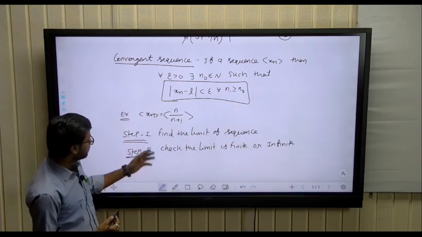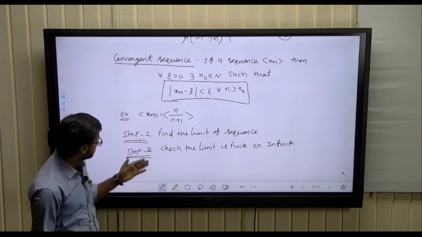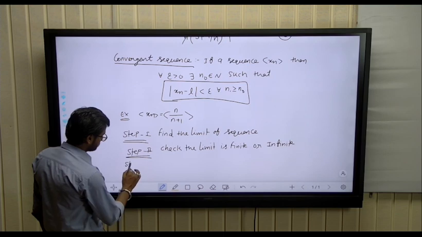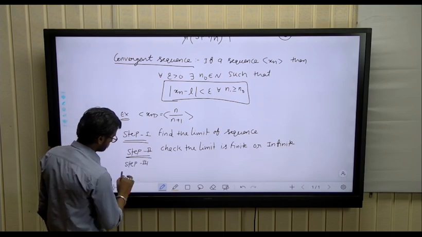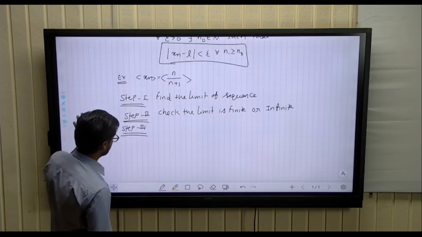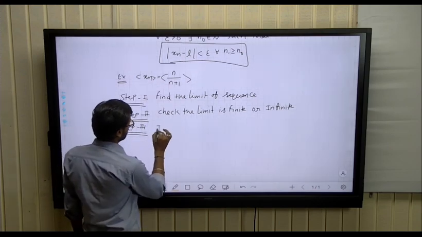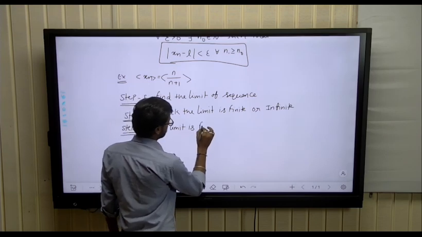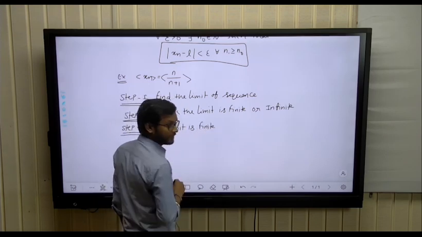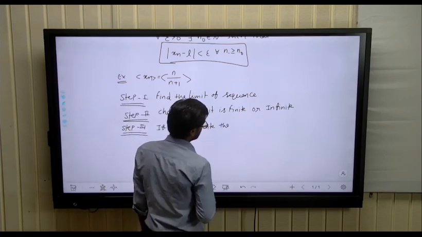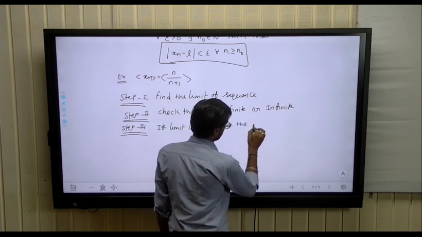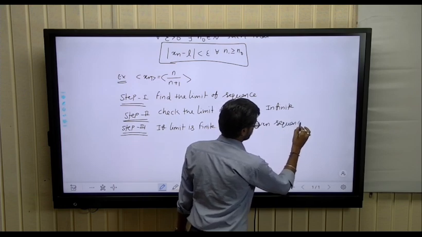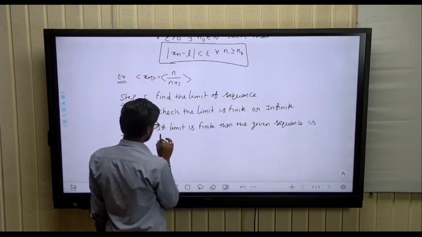Step three: if the limit is finite, then the given sequence is convergent.